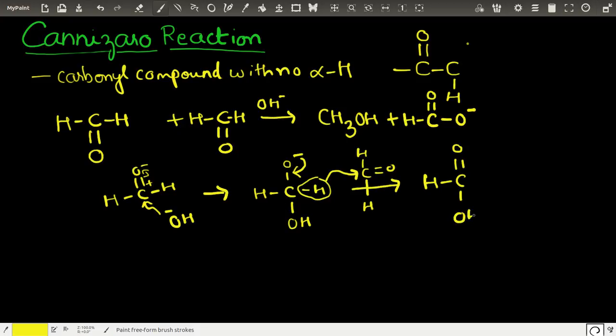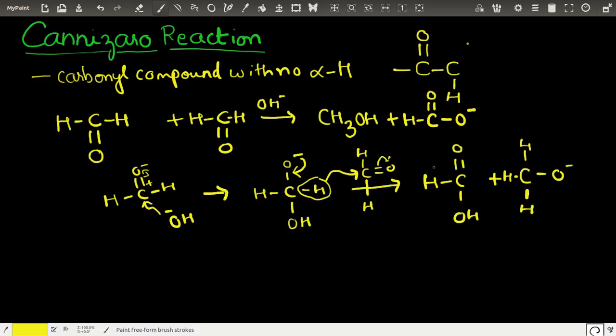And the second one would be C, this is O minus again. Why? Because these electrons have to shift over here, and this hydrogen has attacked from the side. This is H and this is H.